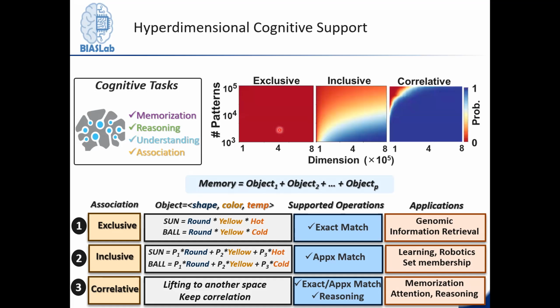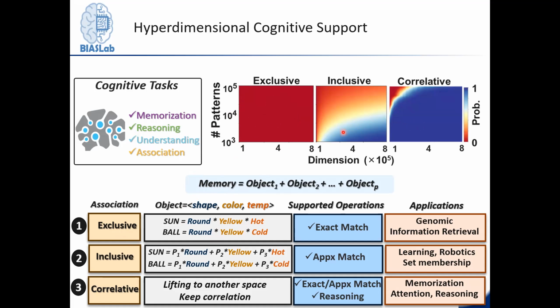And just to show you some of our initial results, if I'm doing approximate match, this is the capacity I have based on the number of dimensions and the number of patterns stored in the memory hypervector. You can see here that when I'm doing approximate match, the exclusive encoder, as we expected, doesn't preserve any similarity to do approximate match.